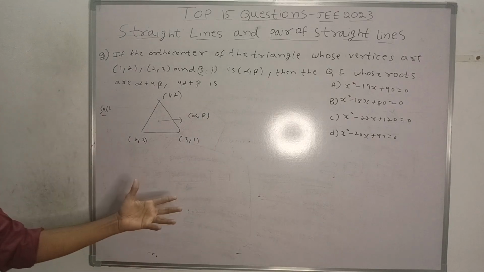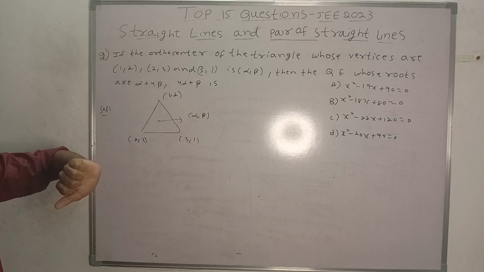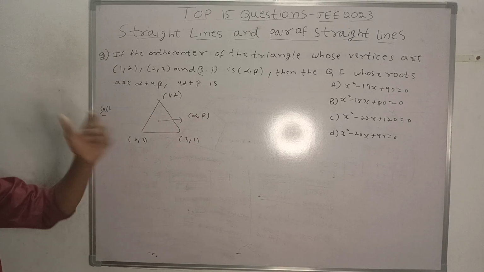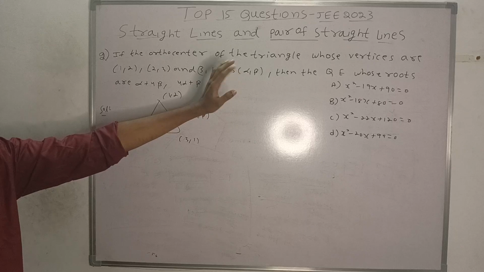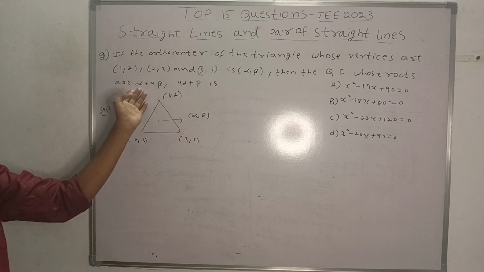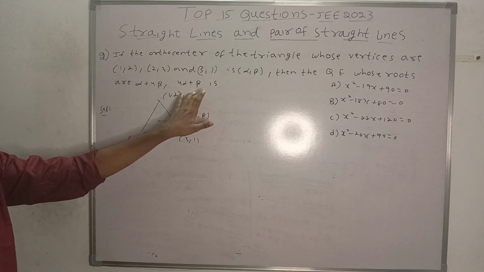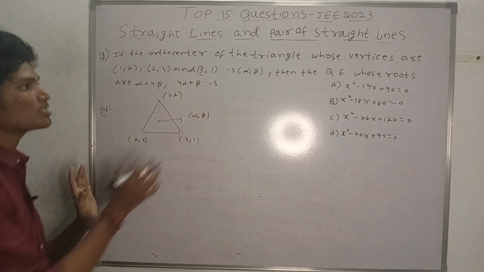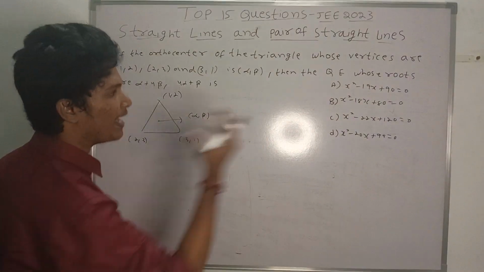So in this question we have to find the orthocenter, and by solving it we will get alpha beta. And from this alpha beta, alpha plus 4 beta and 4 alpha plus beta are the roots of another quadratic equation, and we have to find that quadratic equation.